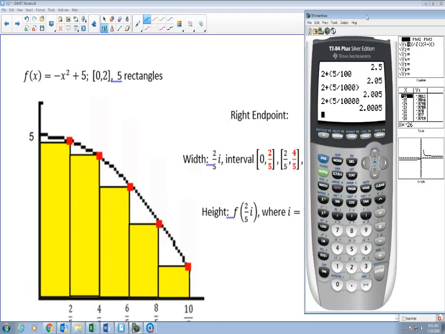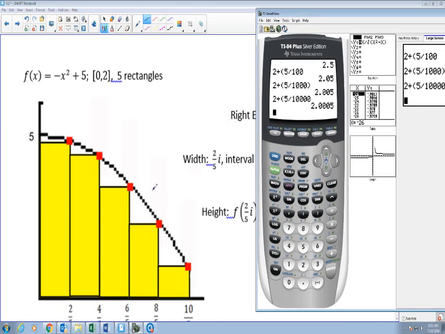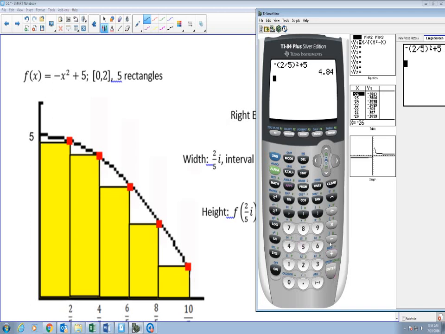Let's quickly figure it out for this first interval. Negative parenthesis 2/5 squared plus 5, my y value is 4.84. That's my height. The width is 2/5, so times 2/5. The area of the first rectangle is 1.936.